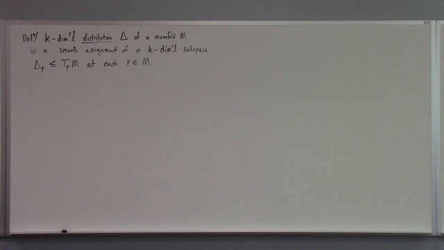Now, the smoothness condition is equivalent to saying that at every point Q in some neighborhood of P, we can write the distribution as a span.